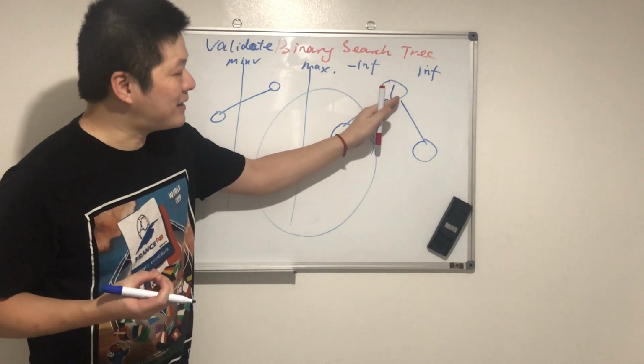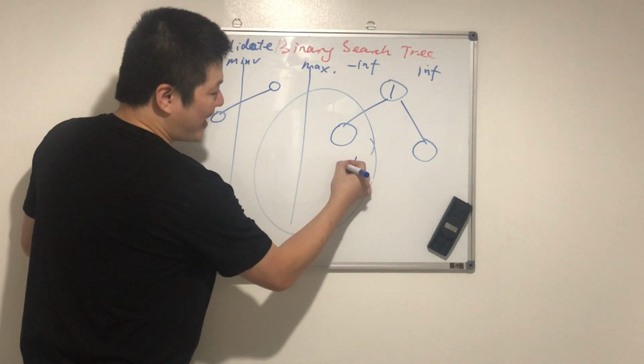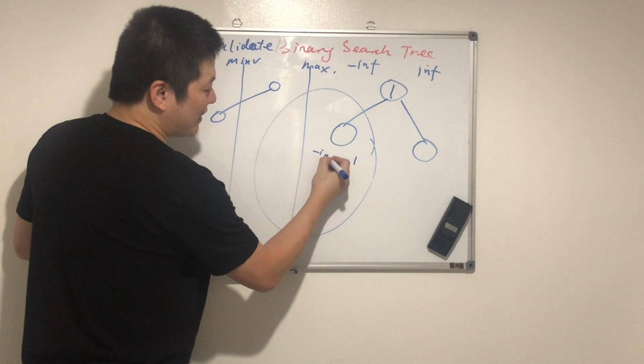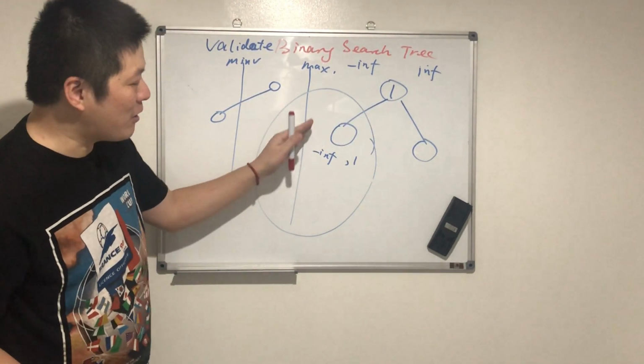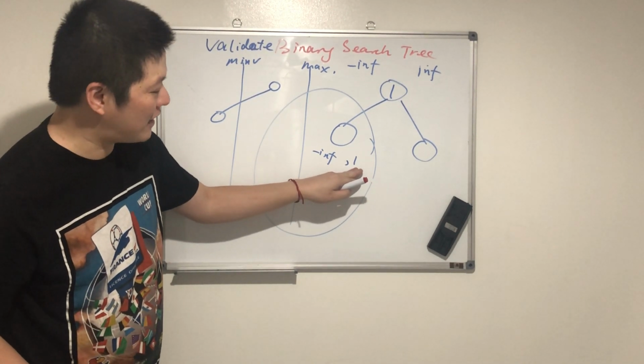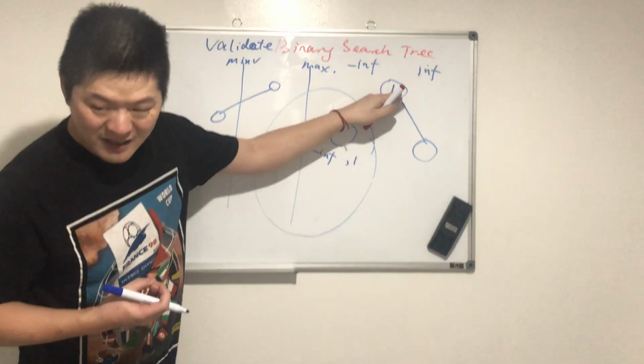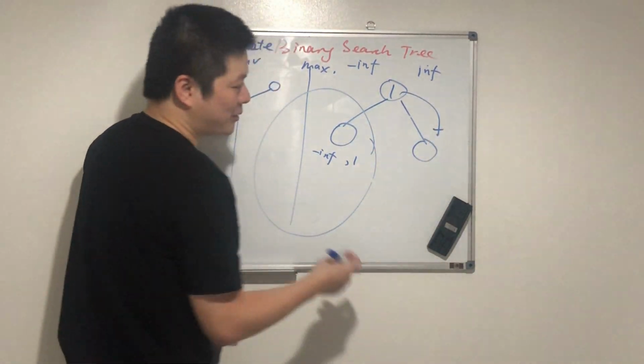That means the upper window is 1. The lower window is still minus infinity. If we go left, we update the upper bound, because it can't have values more than 1. Yeah? If we go to the right, what should we do?